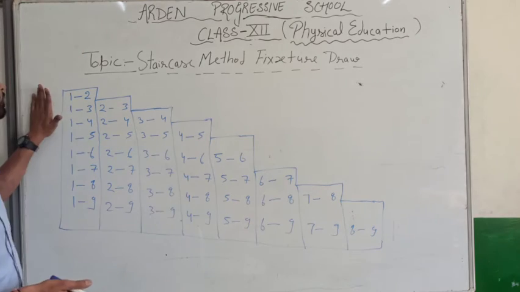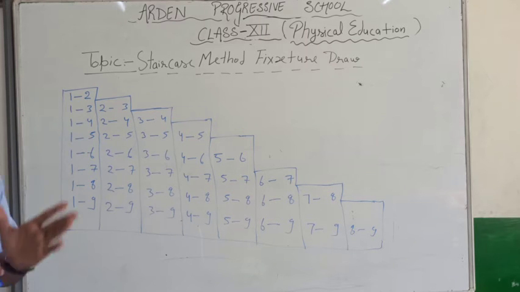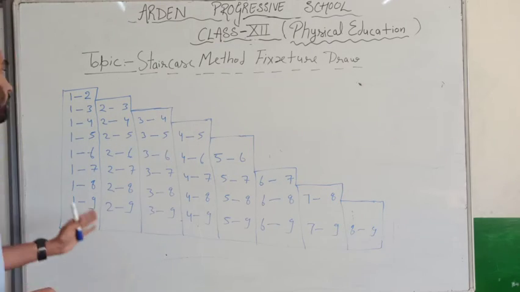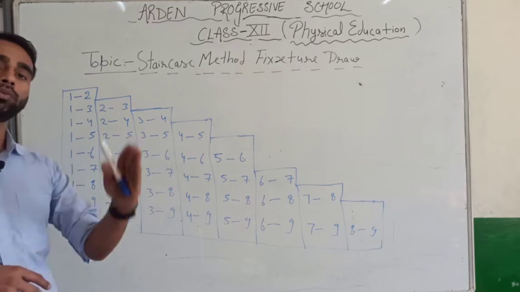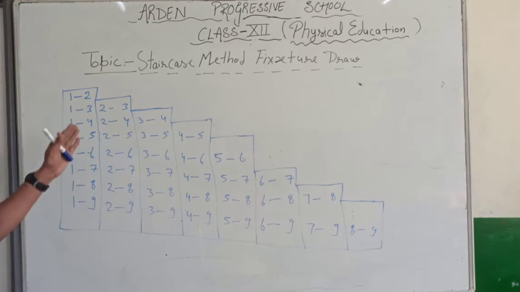Again I will repeat it. In the first round, team number 1 will be playing a match with all other teams. Then in the second round, number 2 will be playing all matches with all teams.